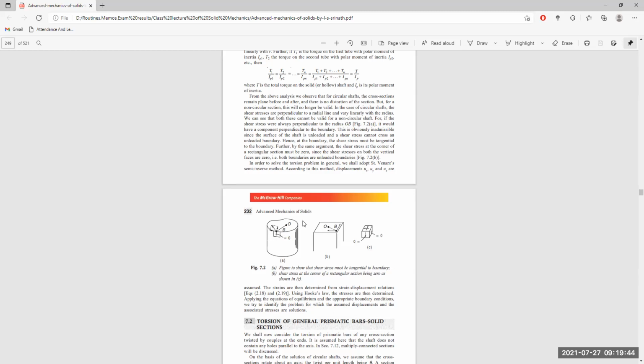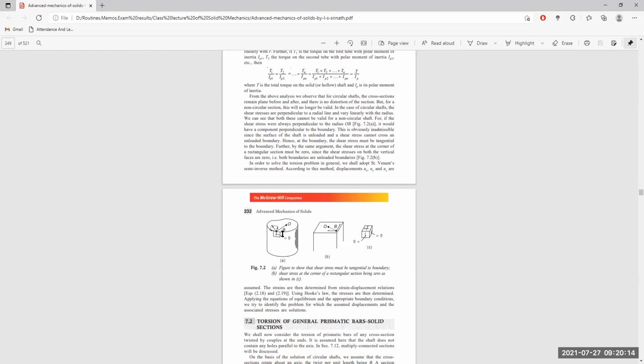Any point where there exists shear stress, it is always tangential to the boundary. And all these shear stresses are perpendicular to the radius OB. This is O and this is B. This is the radius OB, and all the shear stresses are perpendicular to the radius OB.